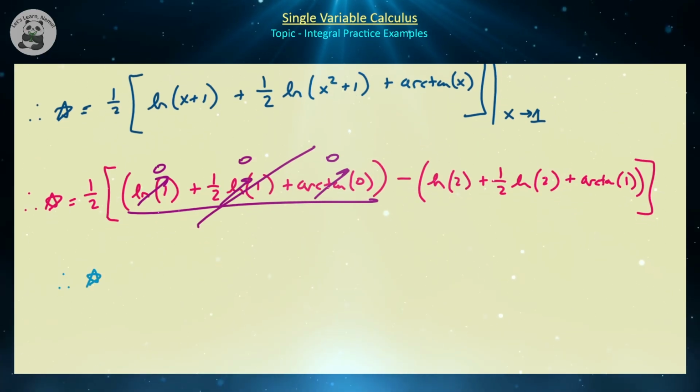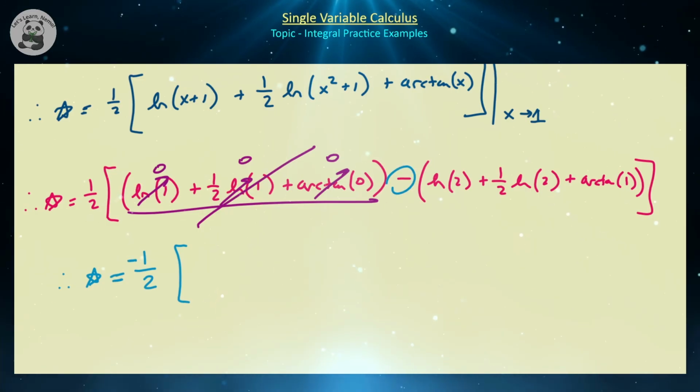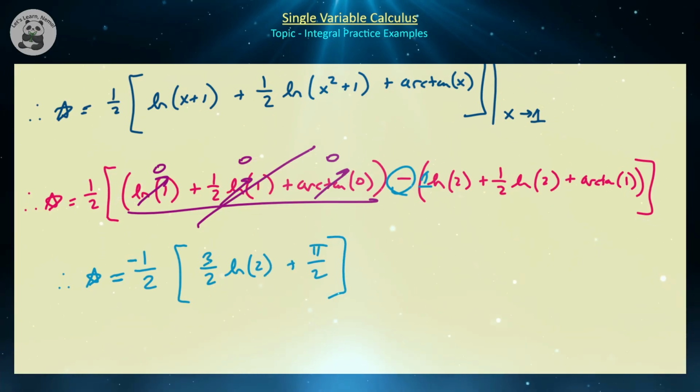So our integral that we started with is going to be equal to 1/2 times, let's make it a negative 1/2, because we have that negative sign there. And then we have 1 natural log of 2 plus 1/2 natural log of 2, so that's going to be equal to 3/2 natural log of 2. And then the arctangent of 1 is going to be pi divided by 2.